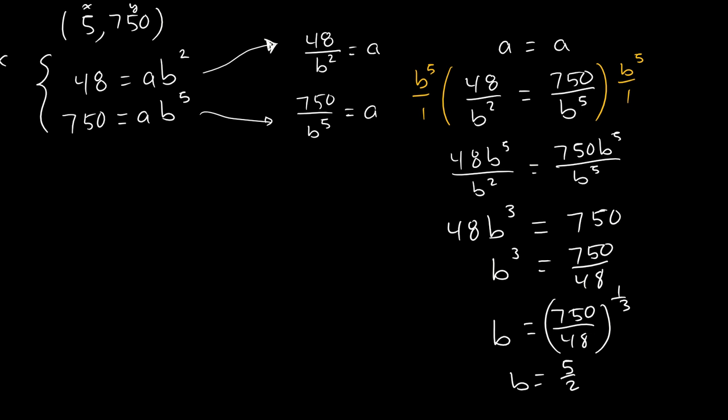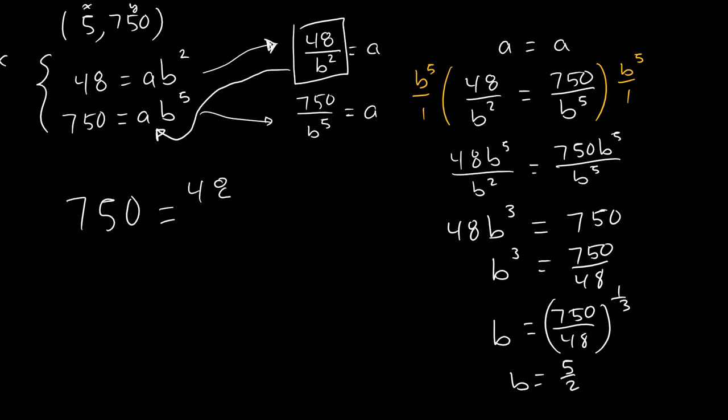You know what? Let me do the other one where I do the substitution. So this right here is equal to a. I can take that value of a and put it into the second equation. So this is going to become 750 equals, here's a, 48 over b squared times b to the fifth power. Oh, look at that.